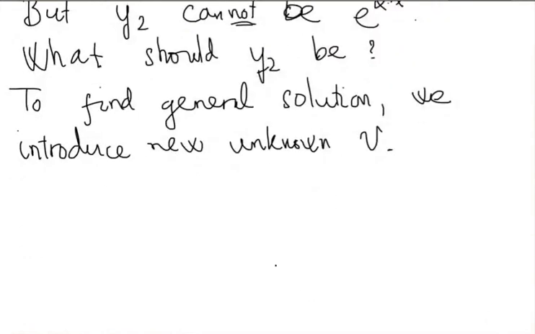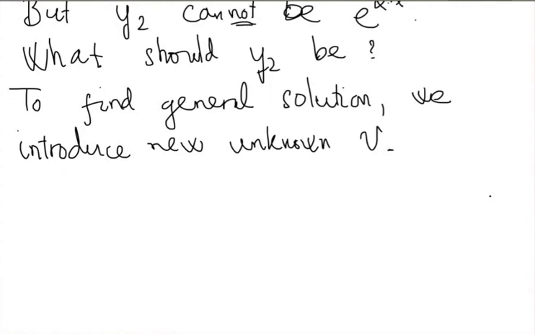You saw this method in a previous topic on first order equations, the Bernoulli equation and the homogeneous equation for first order. We introduce a new unknown. Here we do the same thing. But what is the formula for v?